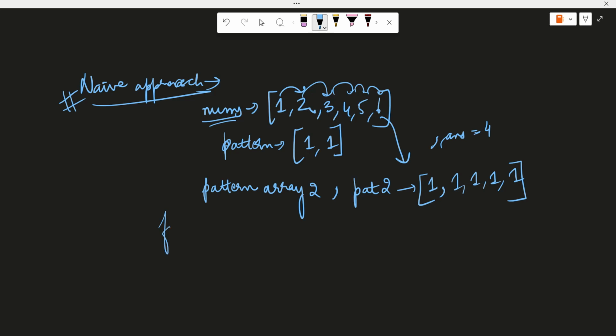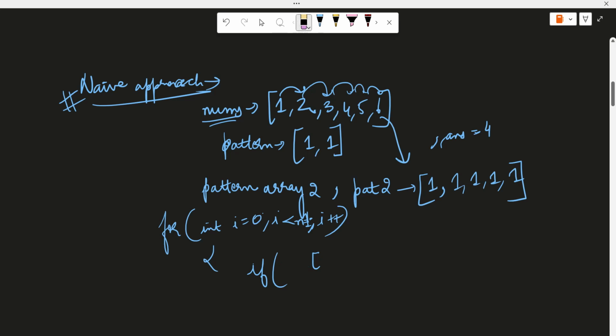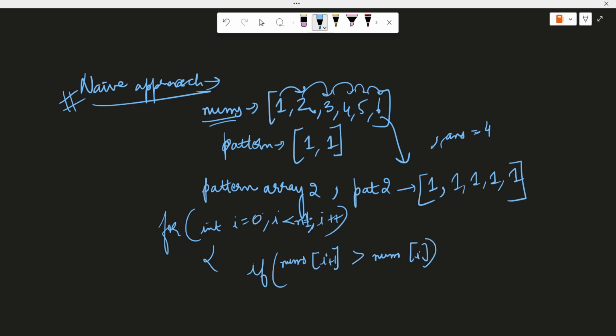How have I calculated this? You just need to refer to this loop. Just compare whether nums at i plus 1 is greater than nums at i. Then you just need to take another array, considering pat2 dot push back 1.